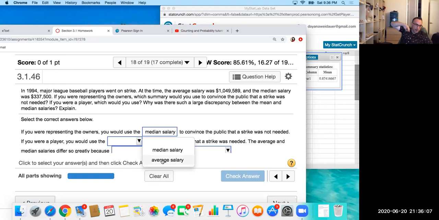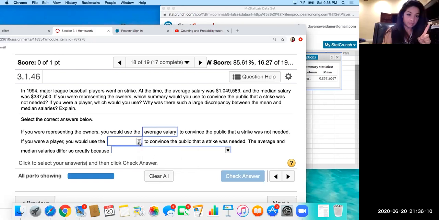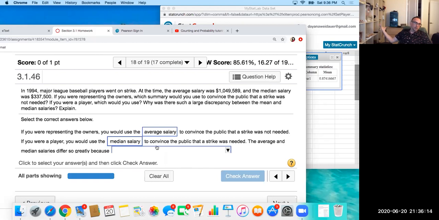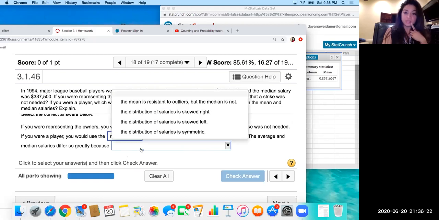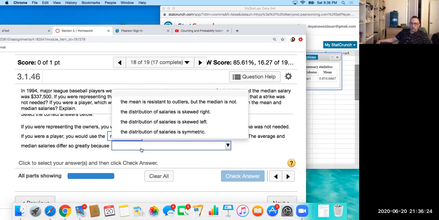You're like, hey, I'm already paying you all this money. But if you're a player, you're like, hey, our salaries are small. The average and median salaries are different because it's skewed right. It has to be skewed right because the mean is bigger.